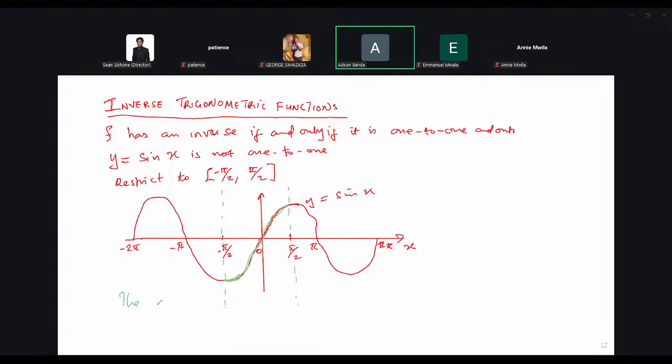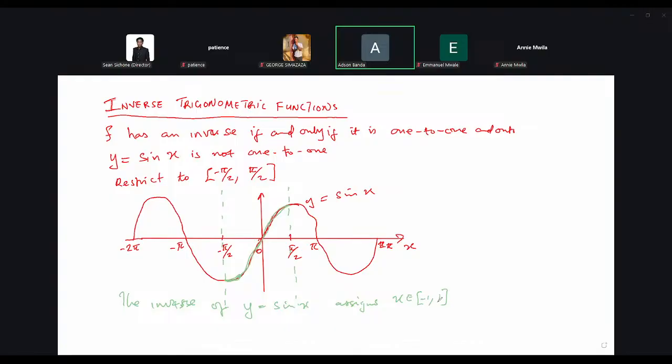So the inverse of y equal to sine x, now in the restricted domain, is a function that assigns every x, an element x in the range -1 to 1.